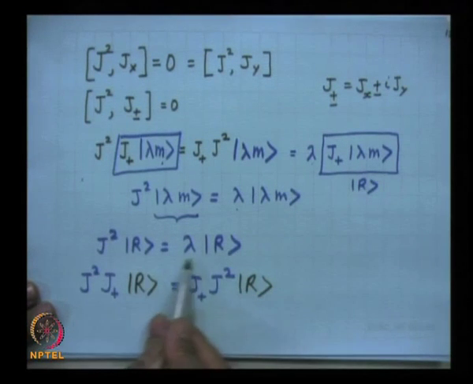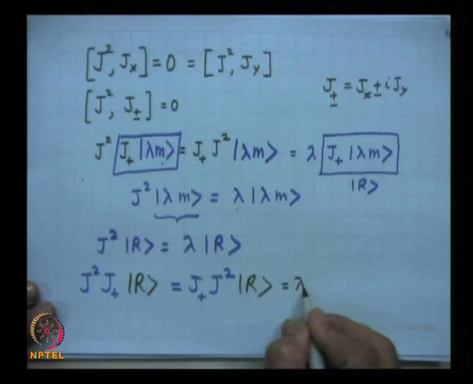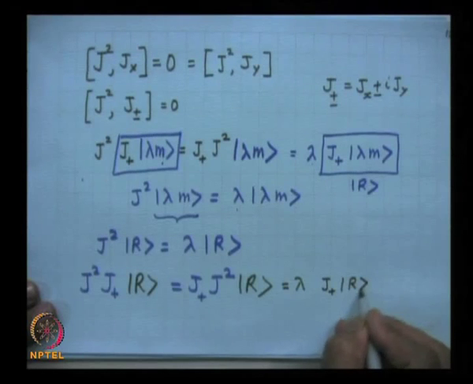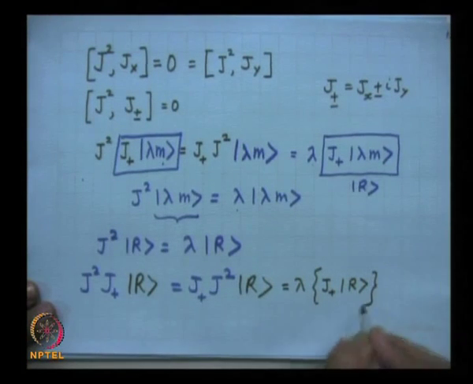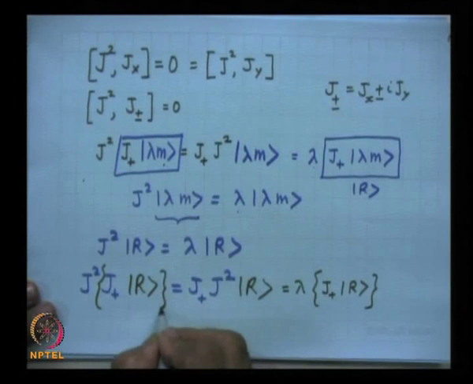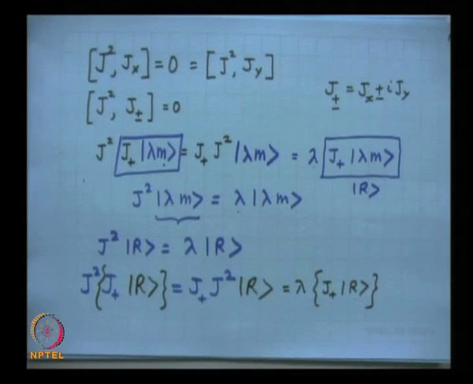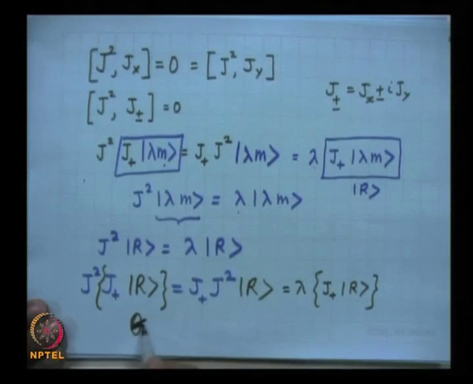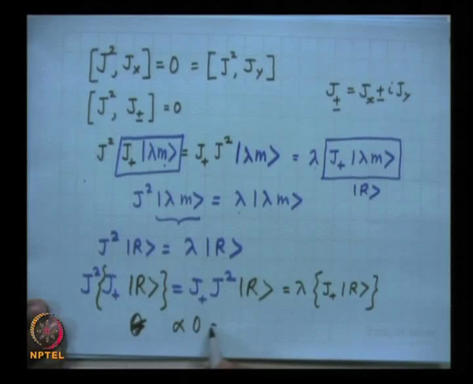Now, j square ket r is lambda ket r, so lambda j plus ket r. So, I put this inside the bracket. Then j plus ket r is also an eigenket, provided it does not become a null ket. If it becomes a null ket, then of course it is a trivial solution, because a null ket is always an eigenket and anything can be an eigenvalue. As I had mentioned earlier, any operator alpha operating on a null ket is always 0. So, this is a trivial solution.